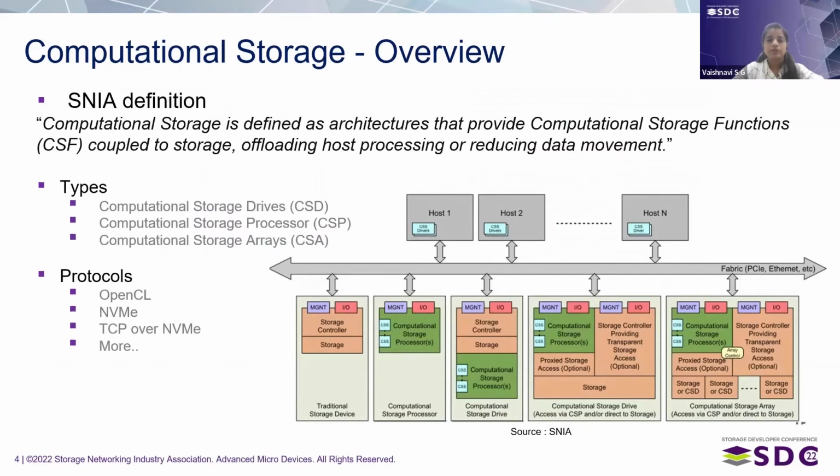SNIA defined computational storage as architectures that provide computational storage functions coupled to storage, offloading host processing, or reducing data movement. There are three different types of computational storage devices as shown here. The one to the left is the traditional storage device where there is no accelerator device. Followed by that is the computational storage processor, where the FPGA drive fits in the SSD drive in standard slots and communicates with other SSDs over PCIe.